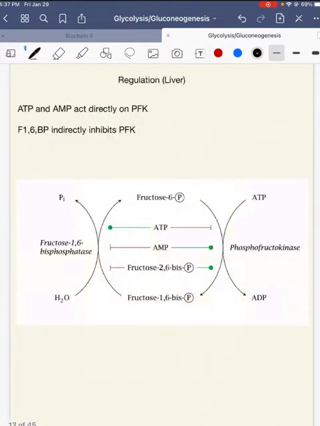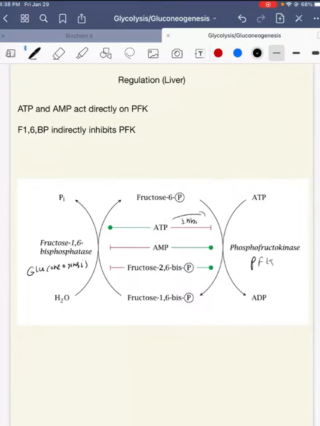Okay, so this is our PFK enzyme. This is run in glycolysis. This is fructose 1,6-bisphosphate, which is in gluconeogenesis. Those enzymes work in opposite of each other. If one of them is activated, the other one will be inhibited. Like I said, ATP inhibits.